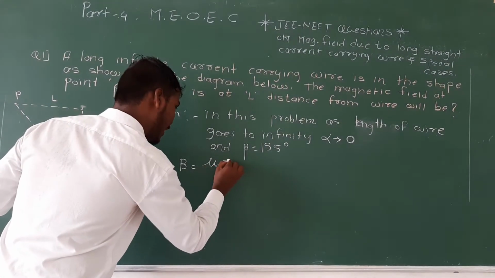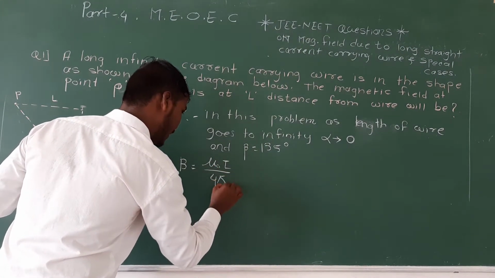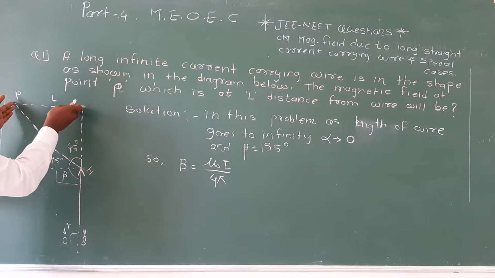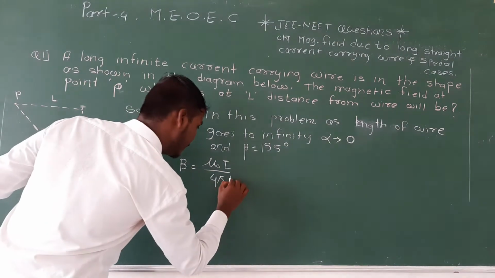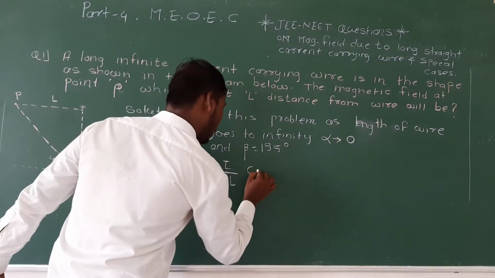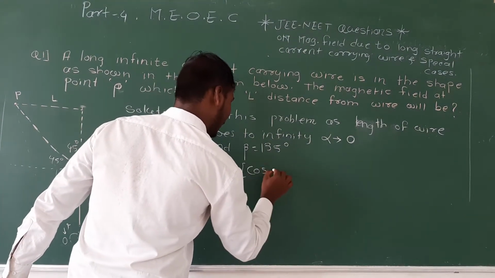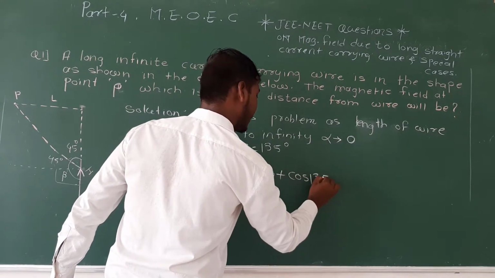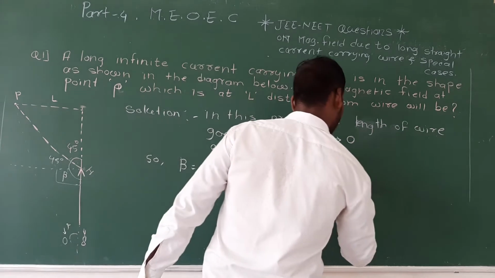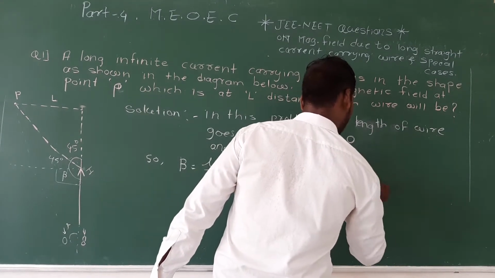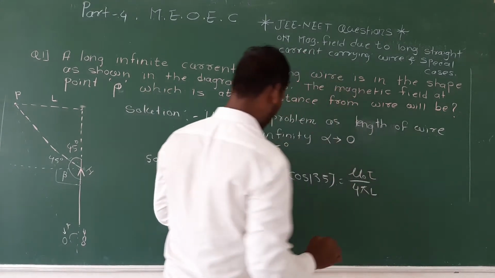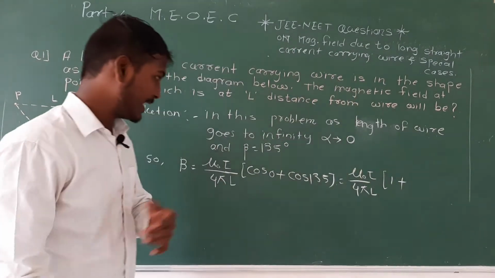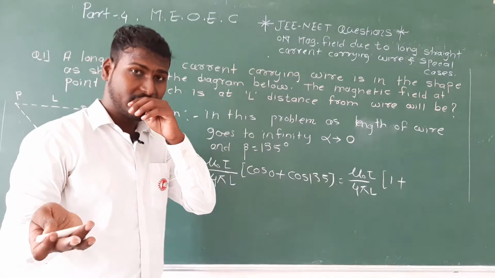So the magnetic field at point P will be mu 0 I upon 4 pi. Now there is no r. R is the perpendicular distance, but here the perpendicular distance is L. So we'll take L into cos alpha, cos 0, plus cos beta, cos 135, and it will become mu 0 I upon 4 pi L times cos 0, which has a value of 1, plus cos 135, which can be written as cos of 90 plus 45.